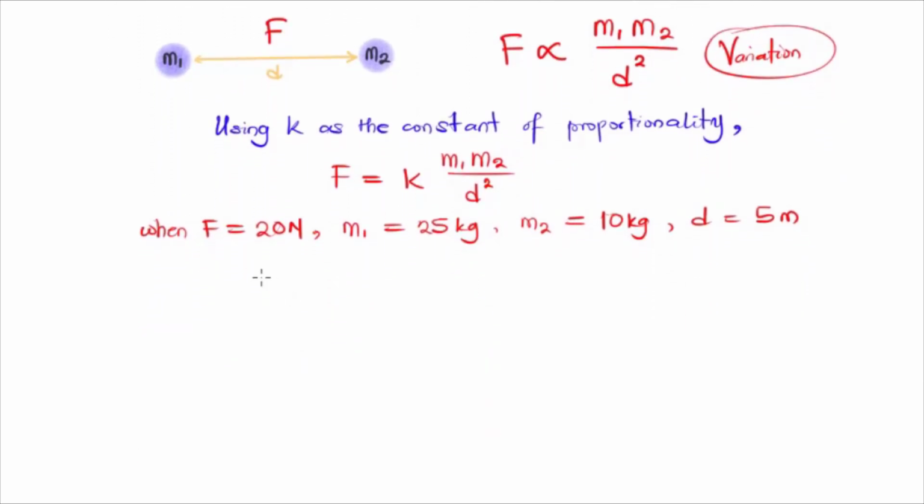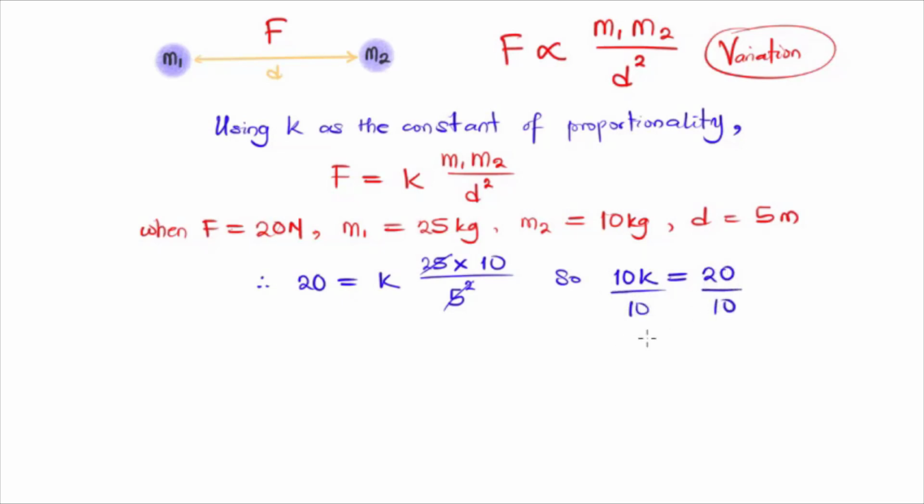So 20 equals k times 25 multiplied by 10, divided by 5 raised to power 2. 5 raised to power 2 is 25, so 25 cancels 25, and we have 20 equals 10k. Dividing both sides by 10, k is 2.